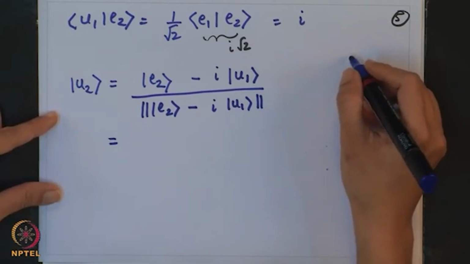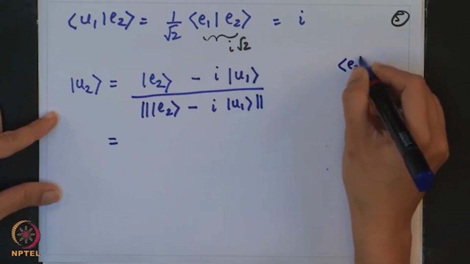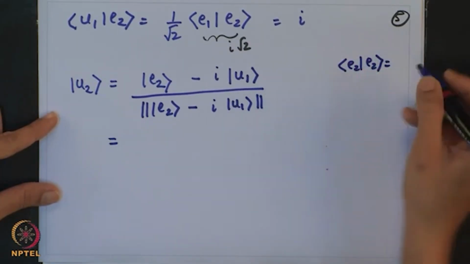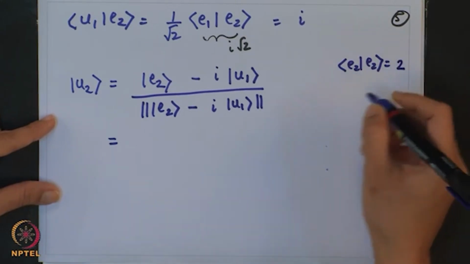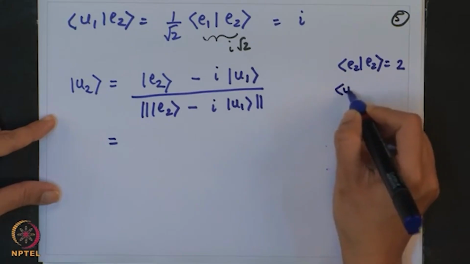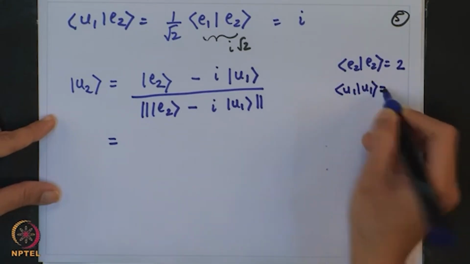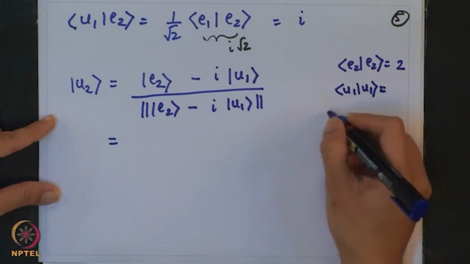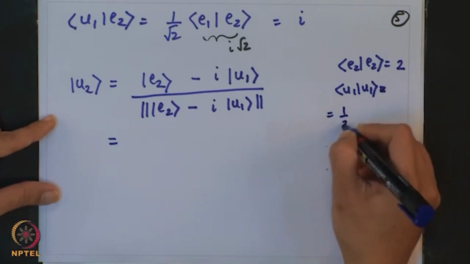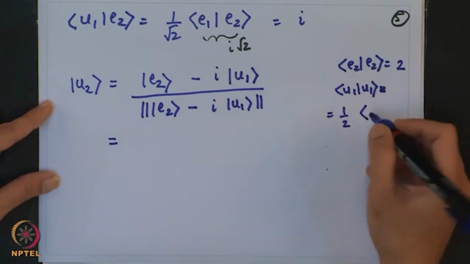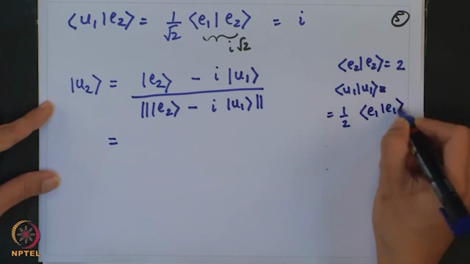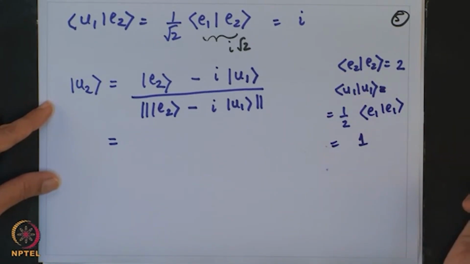Okay. Now it is very simple to evaluate U1, we know. So now E2 on E2 we know, the bra and ket of E2 is 2 and U1 on U1 is simply 1 by 2. What we have here in terms of U1 when we write, it is E1 which is nothing but 1.